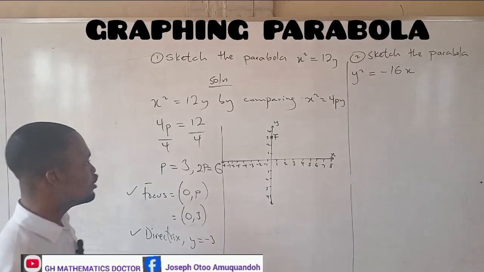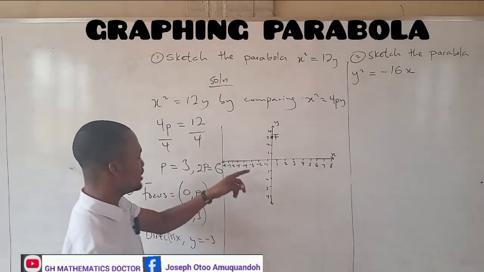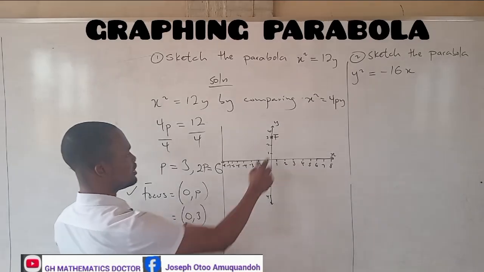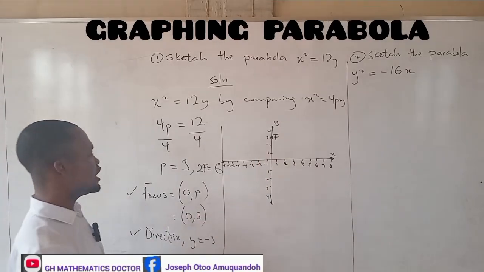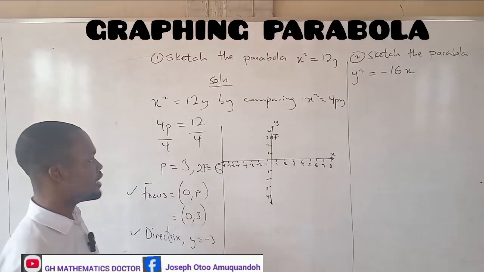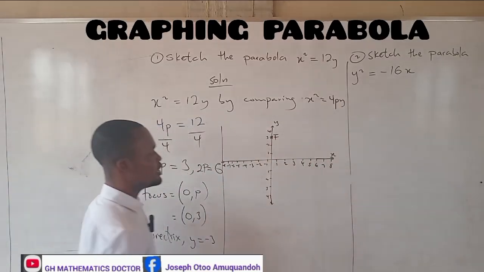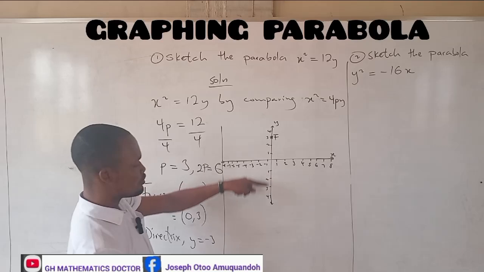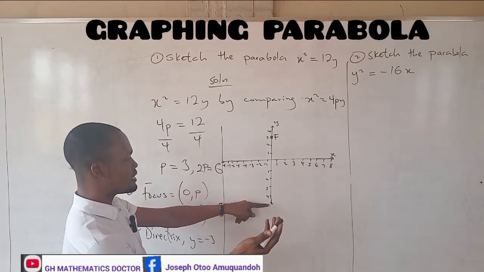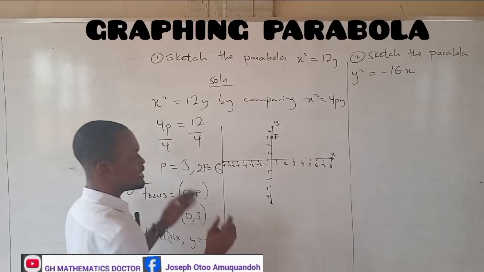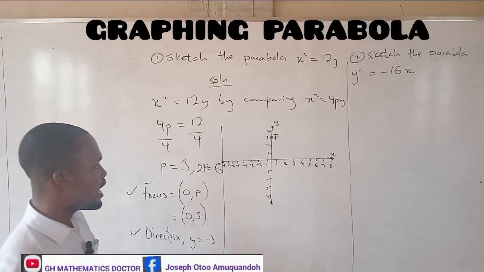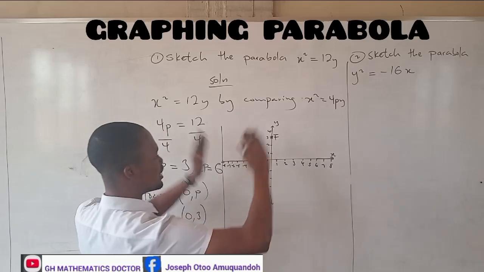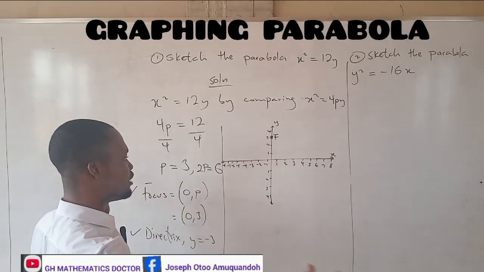And what is 2p? If we're able to locate the focus on this point, then the double of the p, or the 2p that we're talking about, is on the corresponding axis in our Cartesian plane. If this is the axis of the parabola, then the corresponding axis that we are now using is the x-axis, and the 2p falls on that particular axis. So we have 2p counting the double of the p to both sides of the corresponding axis.